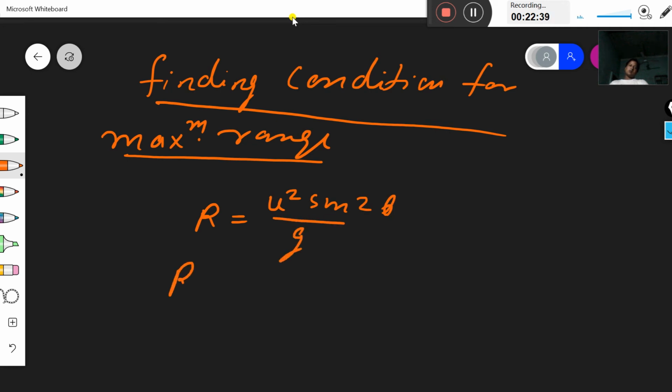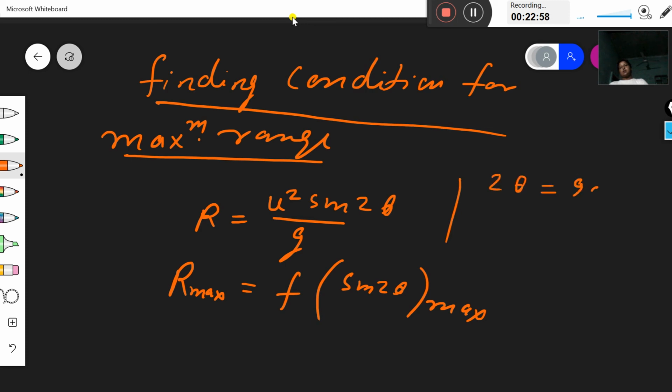R will be maximum when sin 2 theta is maximum, and sin 2 theta is maximum when 2 theta is 90, so theta is 45 degrees.